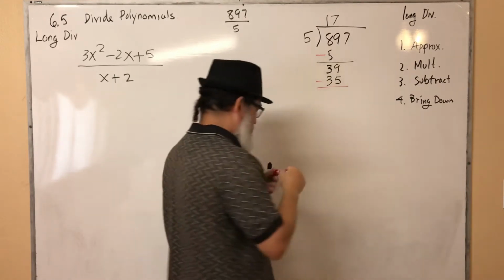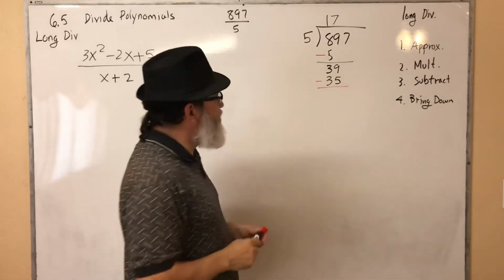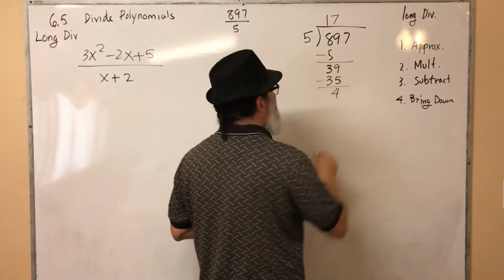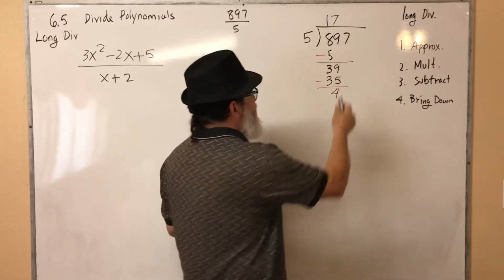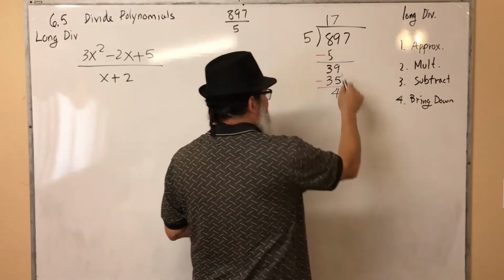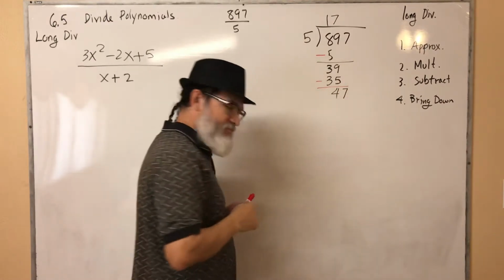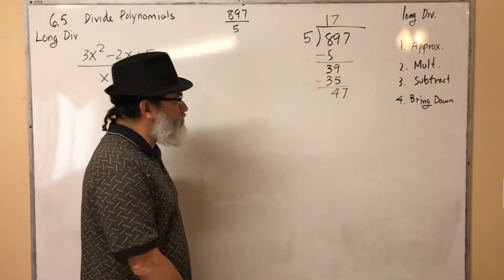And what do we get? 4. Step number 4, bring down. Now we're into the last digit, 7. Okay?